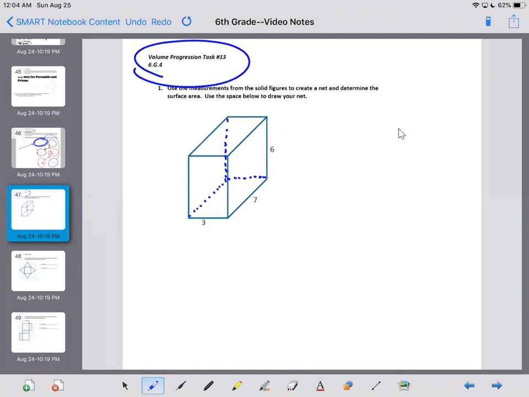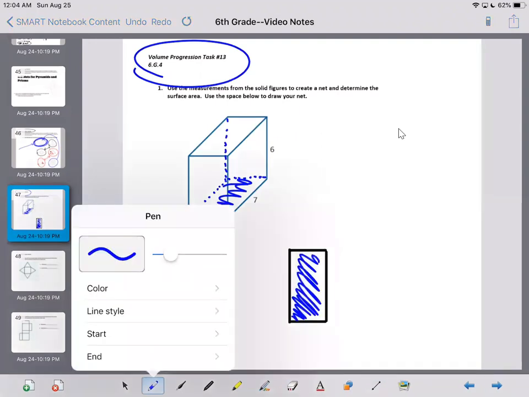So I'm going to start with the base, and I have different colors so I can kind of highlight the different pieces here. So if I start with the base of a 3x7, I'm going to go ahead and label that.